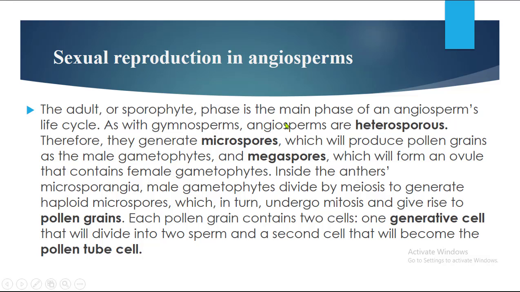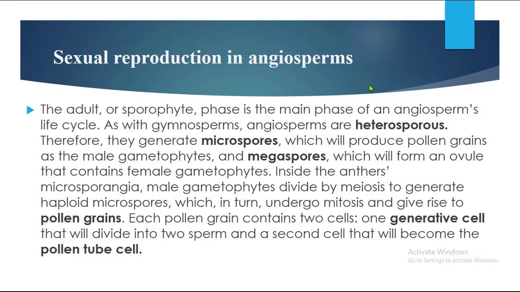It is again dominant. As with the gymnosperms, angiosperms are also heterosporous. They can also produce two types of spores, microspore and megaspore. Microspore is going to give rise to pollen grains, the male gametophyte, and megaspore will form the ovule that contains the female gametophyte.